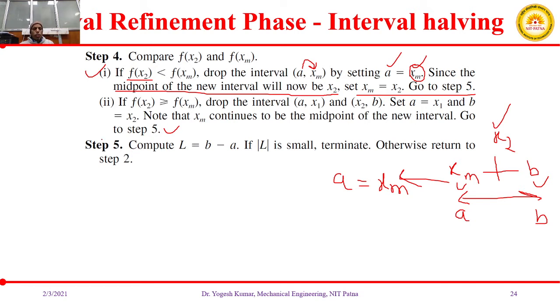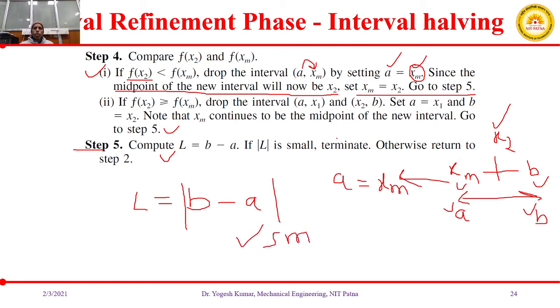In step 5, what we are doing, we are calculating the last interval, that is every time we are resetting the value of either a or b. Okay, and we reach such a point that the difference of this interval, b minus a, is a very small quantity.